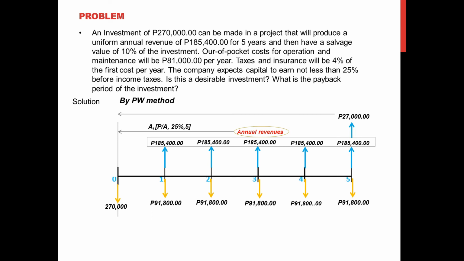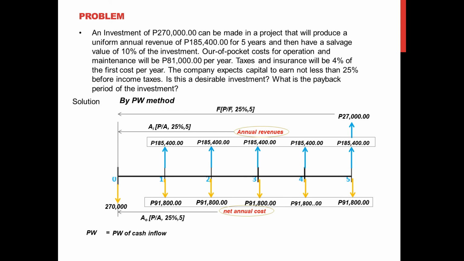So that this will be brought to the present time by the notation F times finding P given F at 25% at 5. Now for this one, which is the net annual cost, we will bring that to the present by the notation annuity of the outflow times finding P given A 25% at 5. Now we just perform the summation of the cost on the present time. This will be the present worth.